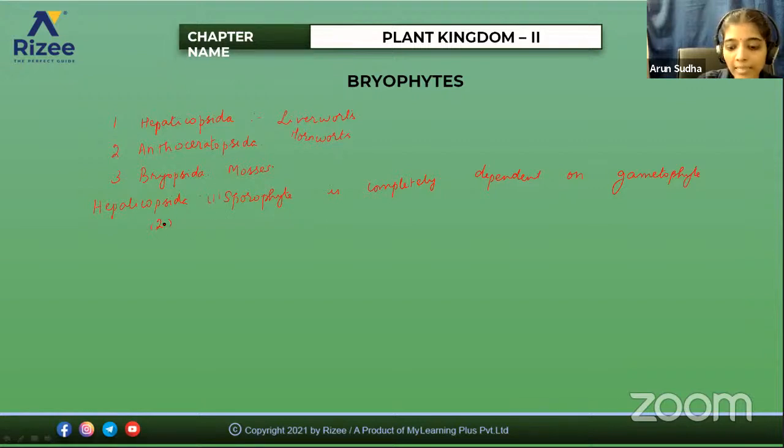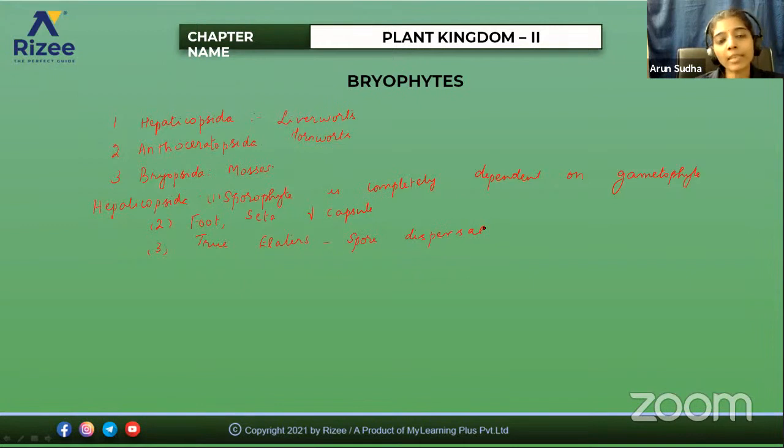Then the sporophyte is differentiated into foot, seta, and capsule. They also have structures called true elaters, which are used for the dispersal of spores.